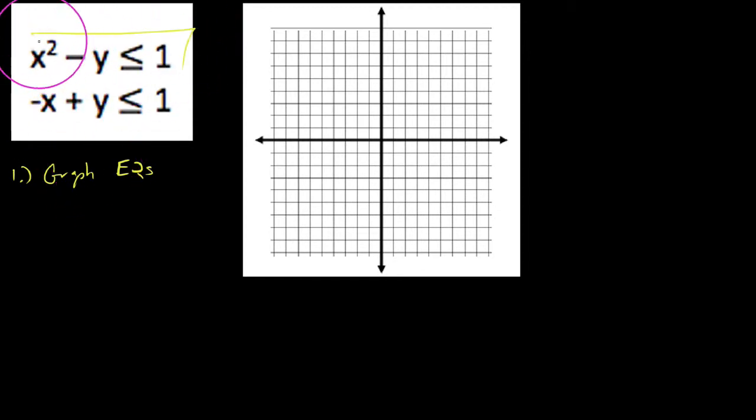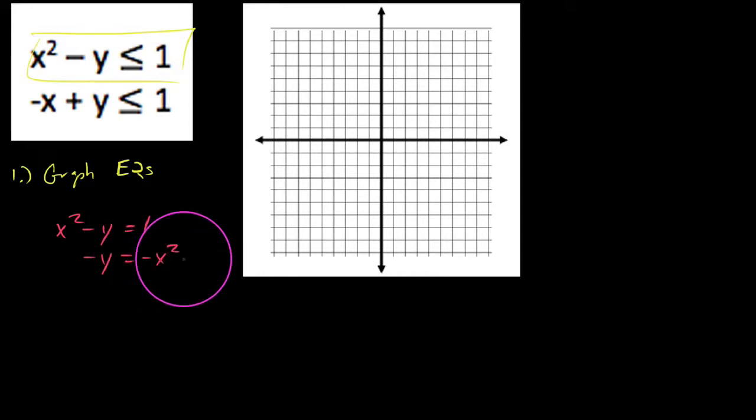So if I was going to graph x squared minus y is less than or equal to 1, honestly, what we do is just x squared minus y equals 1 and go graph this. Negative y would equal negative x squared plus 1. If I multiply everything by negative 1, we'd say x squared minus 1 is my graph. So this is our parabola that's been shifted down 1. I'll go down 1 from the origin.